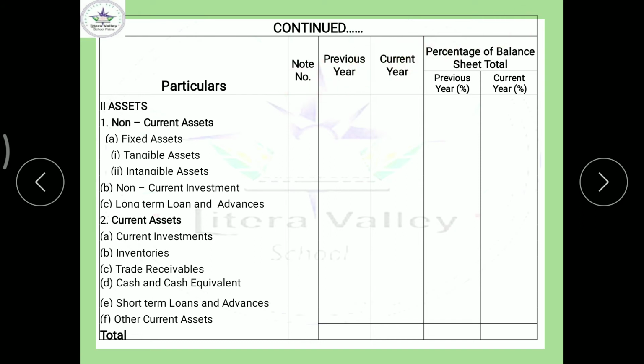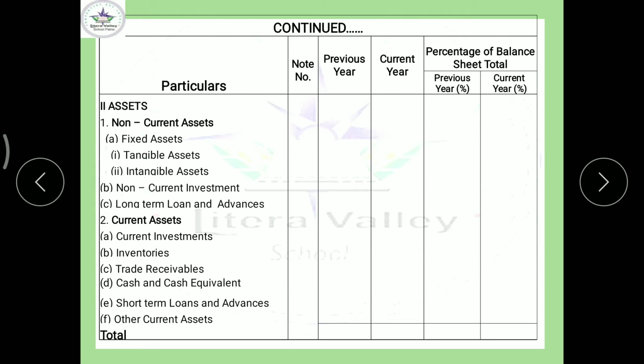So again, now how will you compare? Each component of assets, like fixed assets, tangible, non-current investment, current assets, has to be compared with the total amount. So each individual item will be compared here with the total. For example, say fixed assets for the previous year is given 2 lakh, and here the total amount is given 10 lakh.